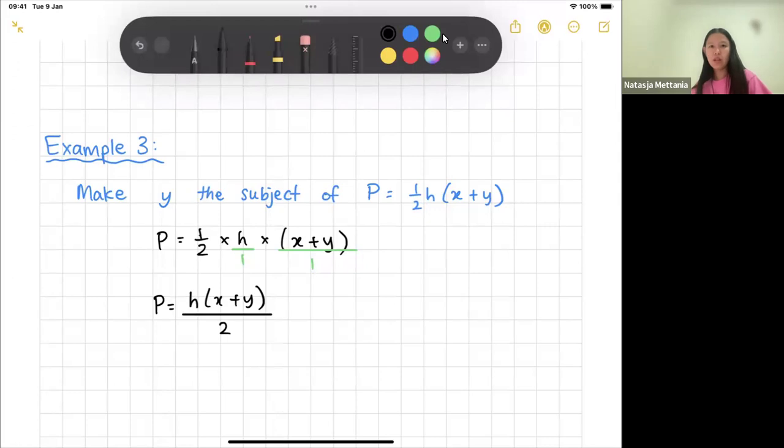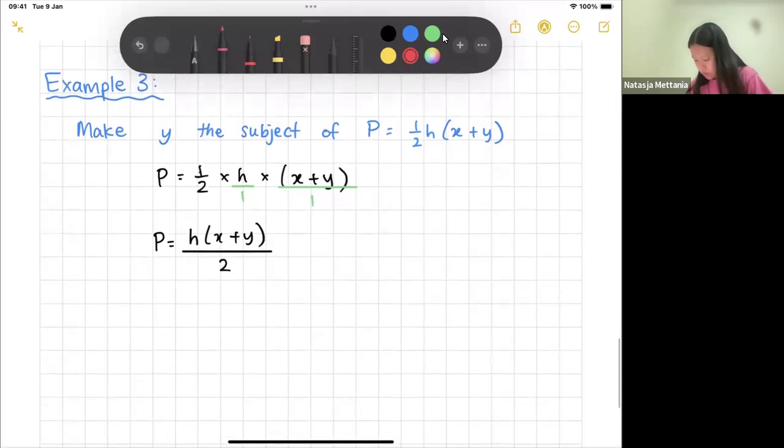See how that made it a little bit easier to work with? So I'm going to do the same thing as I normally did in example 1 and example 2. I'm going to get rid of this 2, so I need to multiply on both sides. I'm left with, on the left-hand side, 2P equals h times x plus y.